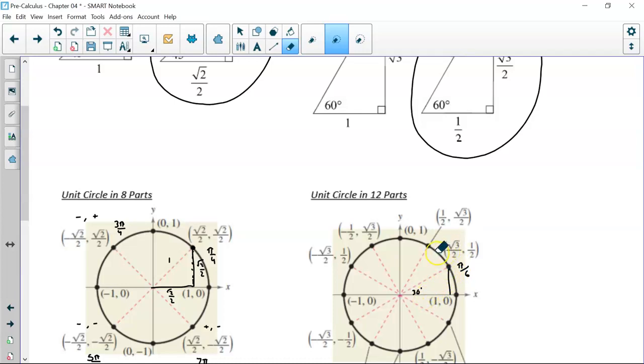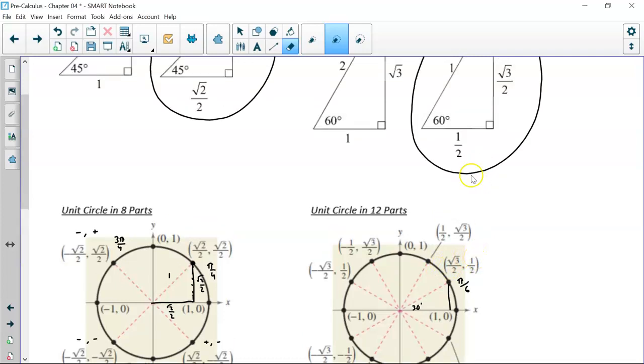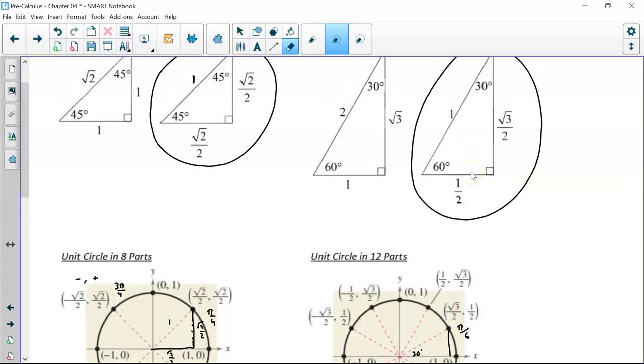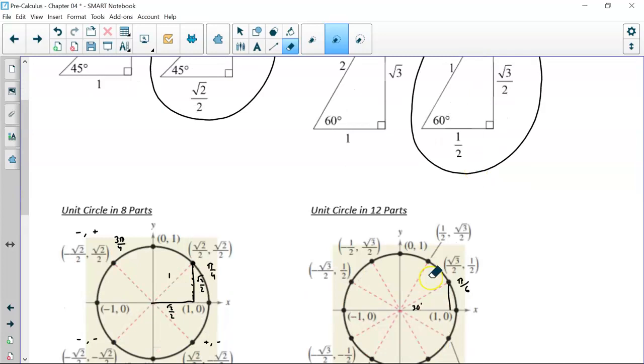That's why the coordinates are going to be root 3 over 2, 1/2. I think I said those backwards. And then the next one would be for a 60-degree angle, that pi over 3. The coordinates would go over 1/2 and then up root 3 over 2.